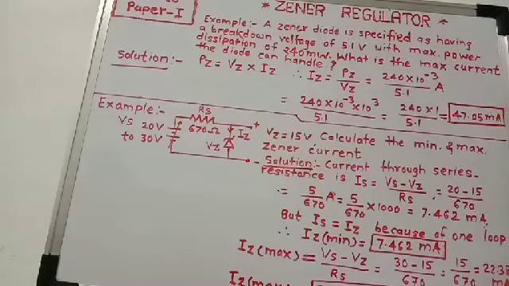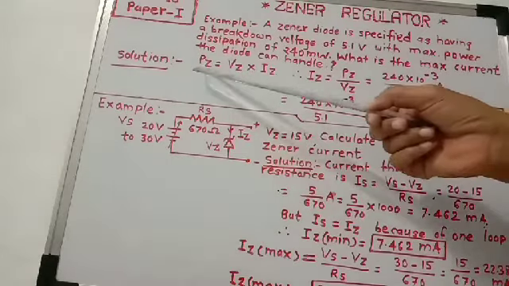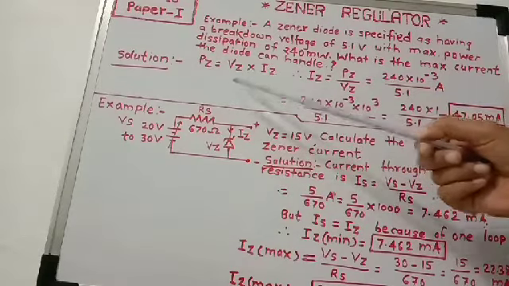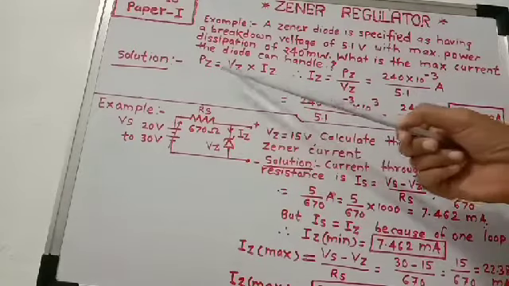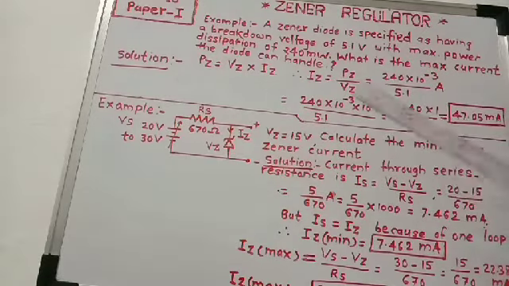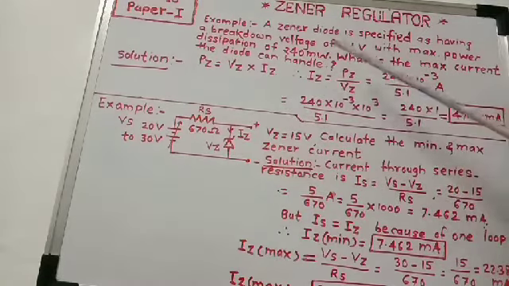We know that P is equal to V into I. The formula for power is P is equal to V into I. Now in this example, P means PZ, that is the power rating of the Zener diode, is equal to Vz into Iz, where Vz is the breakdown voltage of the Zener diode.